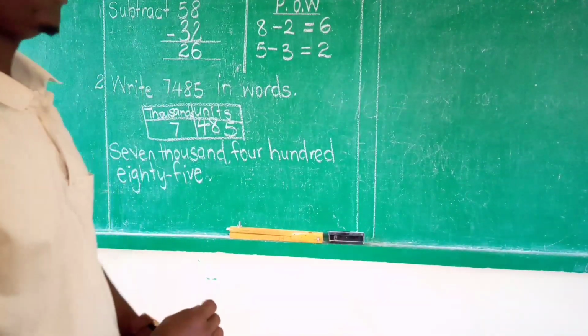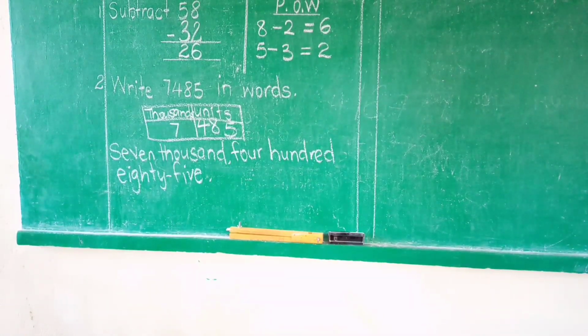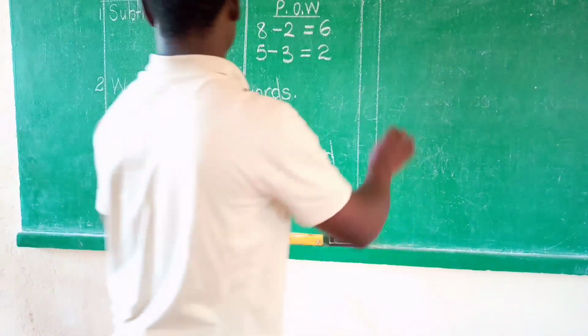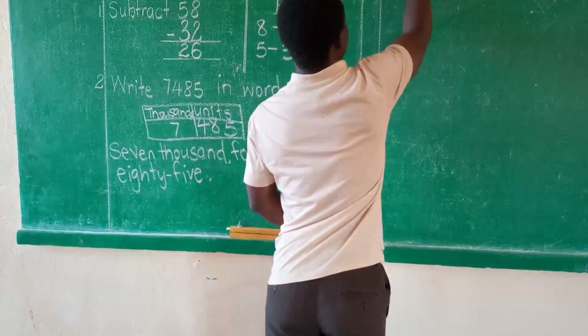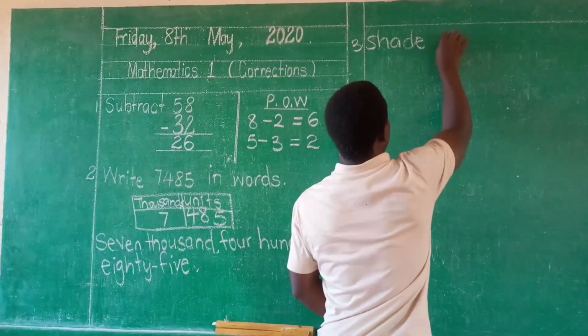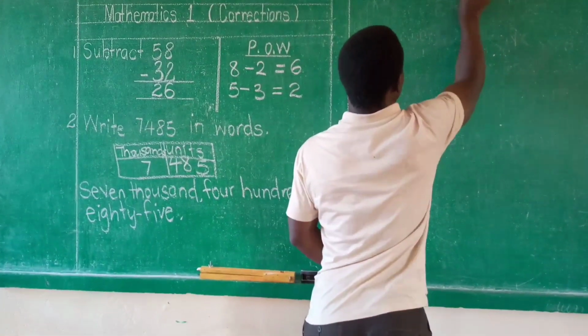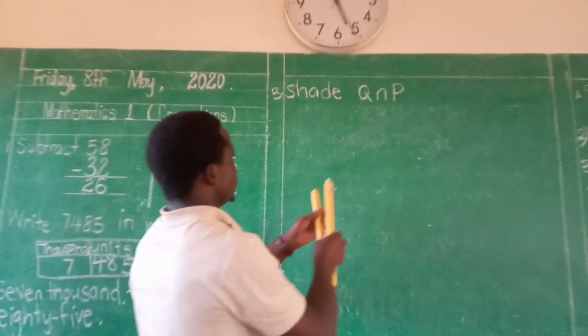Question number 3 says, shade P intersection Q. We had a Venn diagram. Question number 3 was saying, shade, it's Q first, Q intersection P. And the Venn diagram is like this.